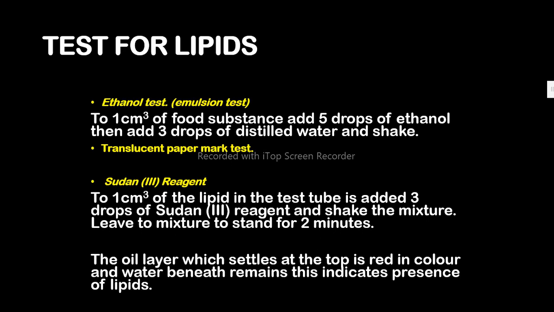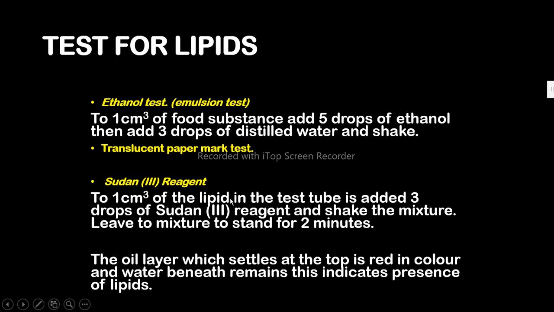The lipid will dissolve in the oil layer, and it is red, so it will form that red emulsion on top, and then the water remains down, because lipids, if you use them together with water, will dissolve in the oil layer. So basically that's the Sudan 3.